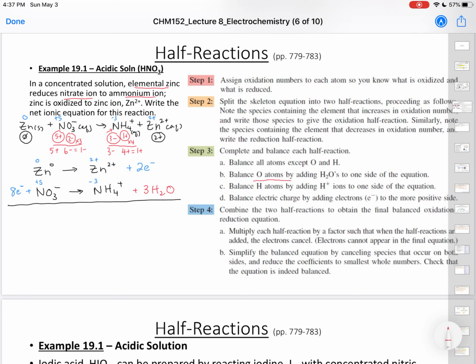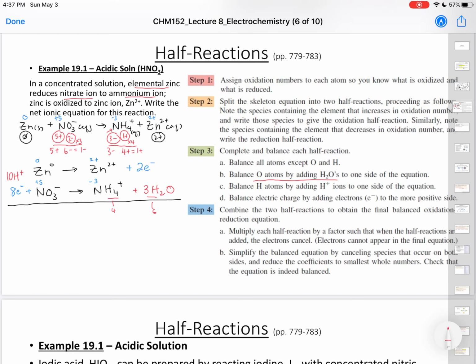Remember, when you balance oxygens by adding waters, right? So 3 oxygens, 3 oxygens, okay? But now that means that there are 4 hydrogens here and 6 hydrogens. This is 4, this is 6, or 10 hydrogens on the right side. So you need 10 H pluses on the left side. Okay?